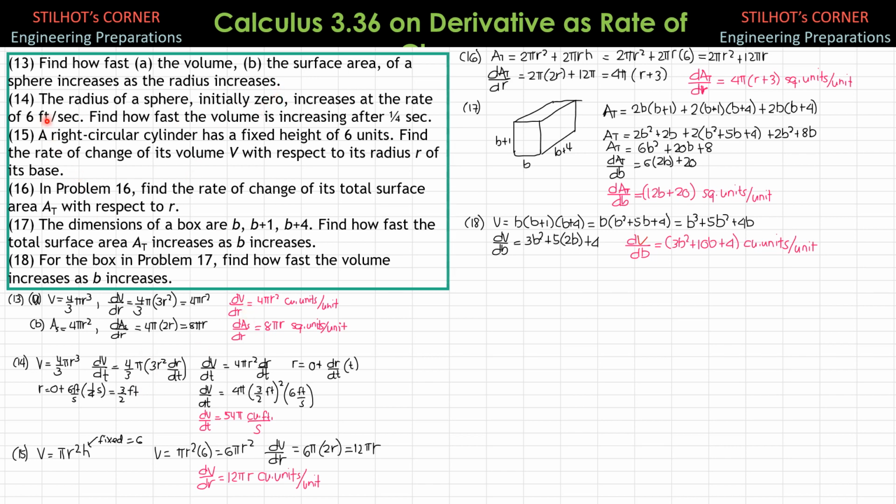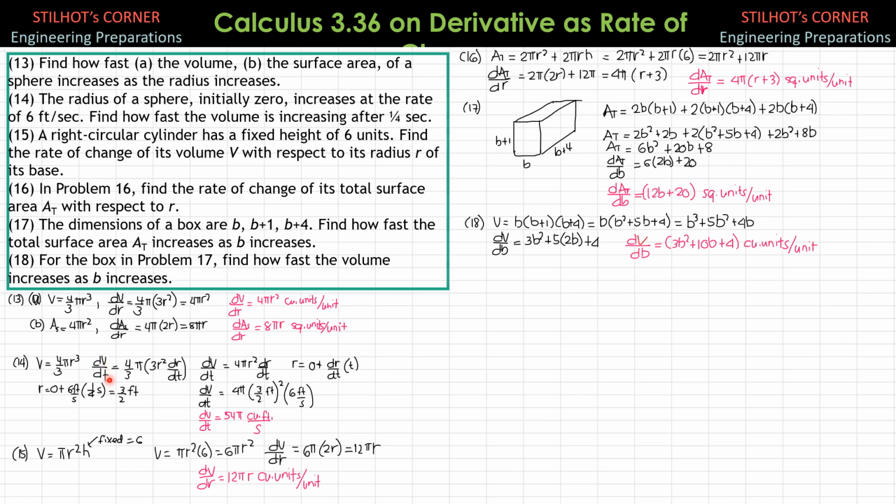So it should be radius is R sub 0 plus dr/dt times time. But R sub 0 is 0. So for the first part, volume of sphere, 4 thirds pi r cubed, then differentiating with respect to time this time, because both the radius and the volume change with respect to time.